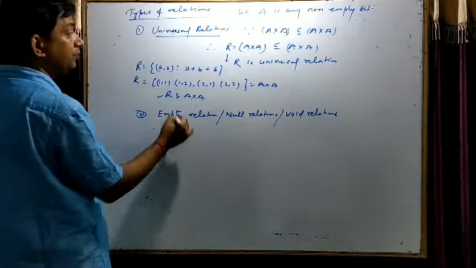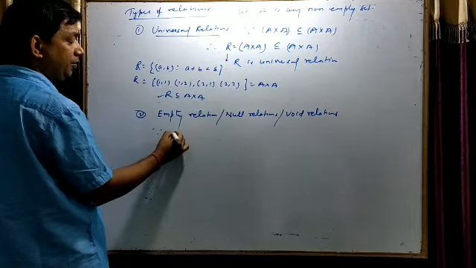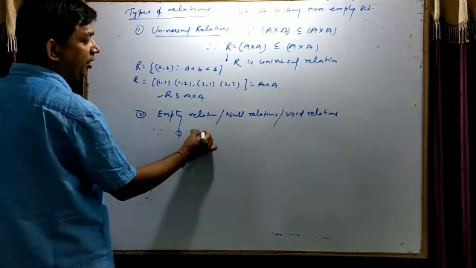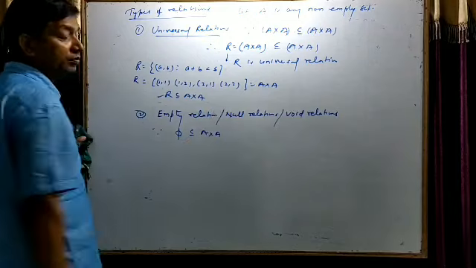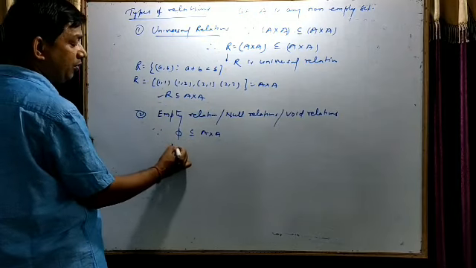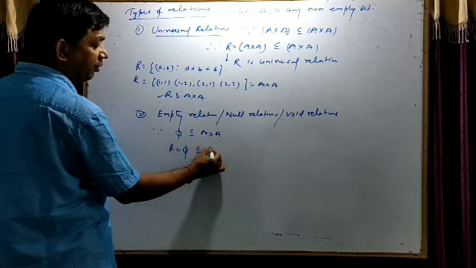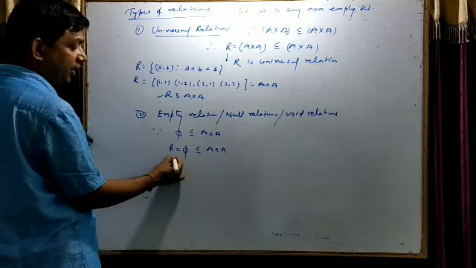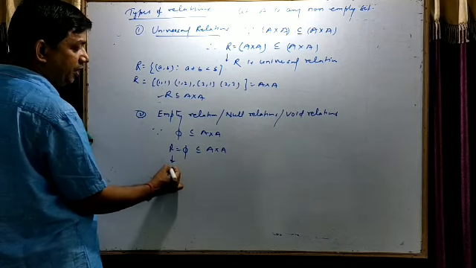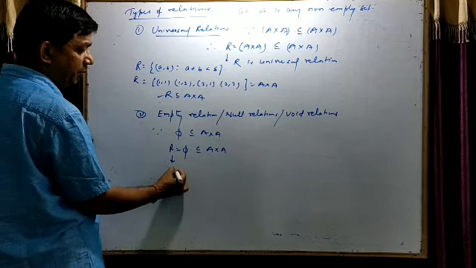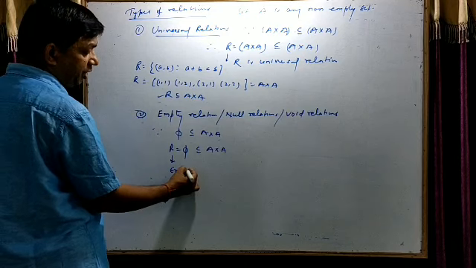Since A is a non-empty set, then we can say phi is a subset of A cross A. So here R equal to phi is a subset of A cross A, then this R is called empty relation.